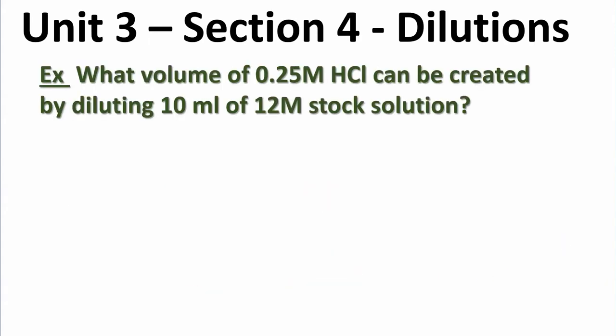So here is a question I'd like you to write down. What volume of 0.25 molar HCl can be created by diluting, there's the key word, 10 mL of 12 molar stock solution? Now we're going to assign the variables to the numbers in this question, and all we need to do is look for 2 that are together. This is 10 mL of 12 molar stock solution. Hopefully we realize that this is a volume because it's in milliliters, and this is a concentration.